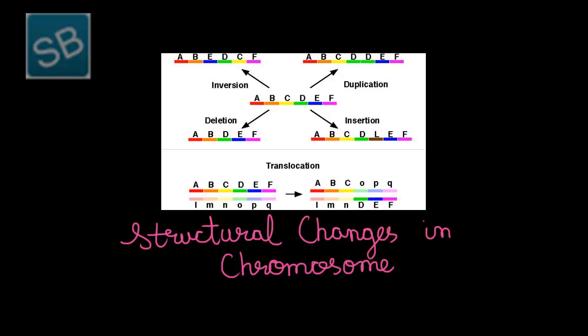So let us study each of them in brief. So let us begin with the first type of structural abnormality, that is deletion. This figure depicts the deletion type of structural abnormality within a chromosome. As it can be seen from the figure, this chromosome contains a DNA segment, that is gene segment, which breaks down, and this deleted genetic material gets separated to create a new type of chromosome. That leads to the structural change.